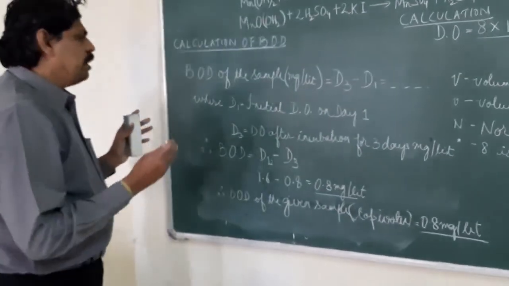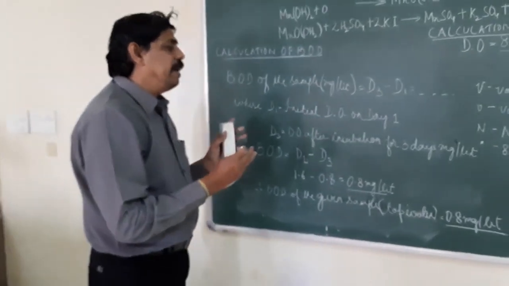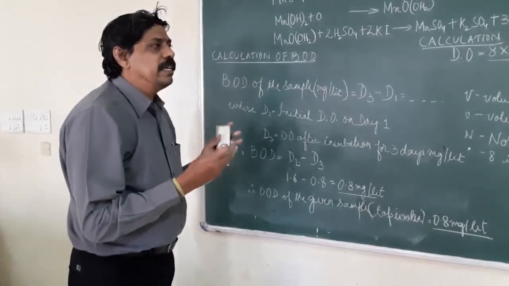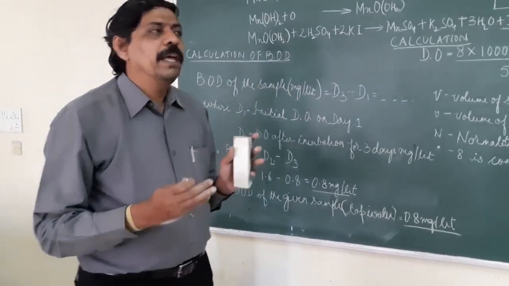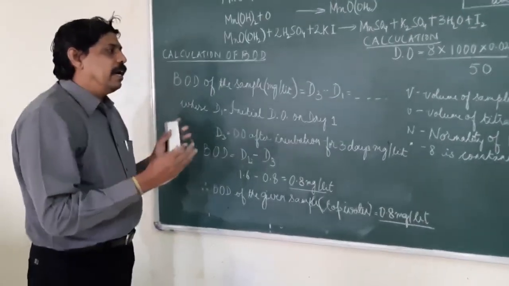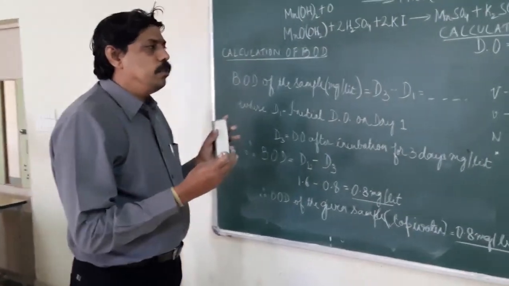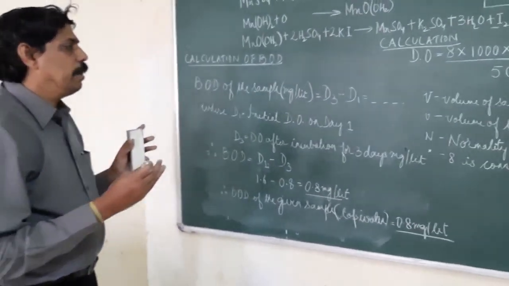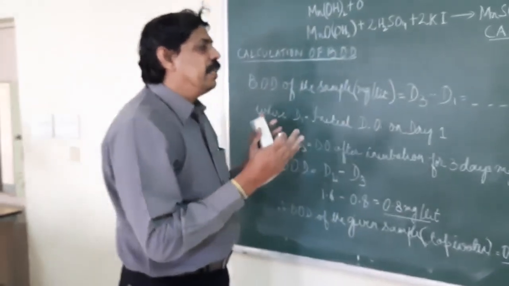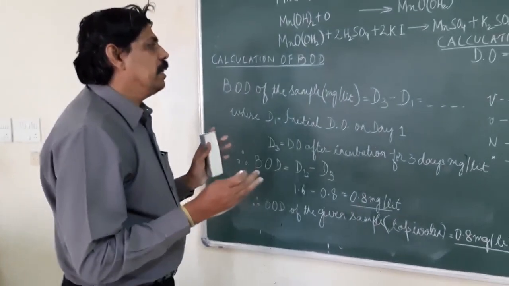Generally, when we start estimating the dissolved oxygen levels after incubation, it is seen to be less. The reason is that the microorganisms in that water sample degrade the organic matter that is there, and they use oxygen, as this is an aerobic process. When such a reaction takes place, the dissolved oxygen levels tend to drop after day 3.